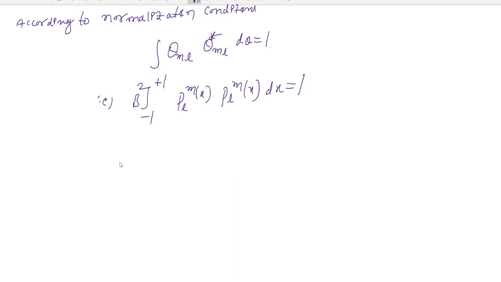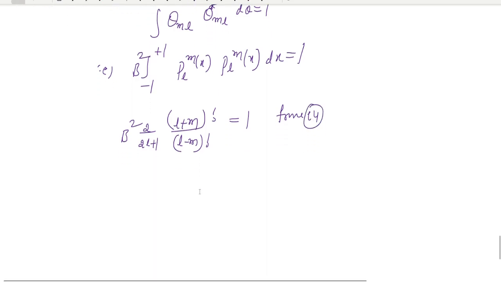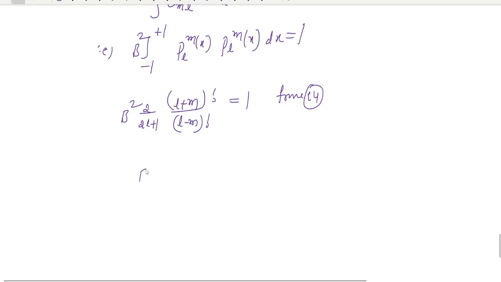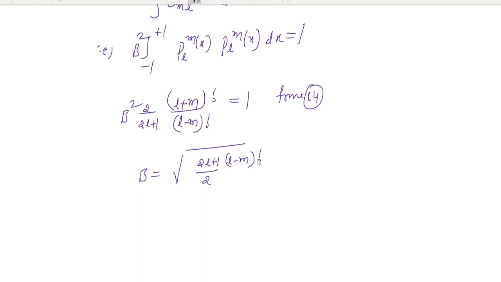Therefore we got b squared times 2 divided by 2l plus 1 times l plus m factorial divided by l minus m factorial equal to 1, from equation number 14. Therefore I got the b value, b equal to root of 2l plus 1 divided by 2 times l minus m factorial divided by l plus m factorial.